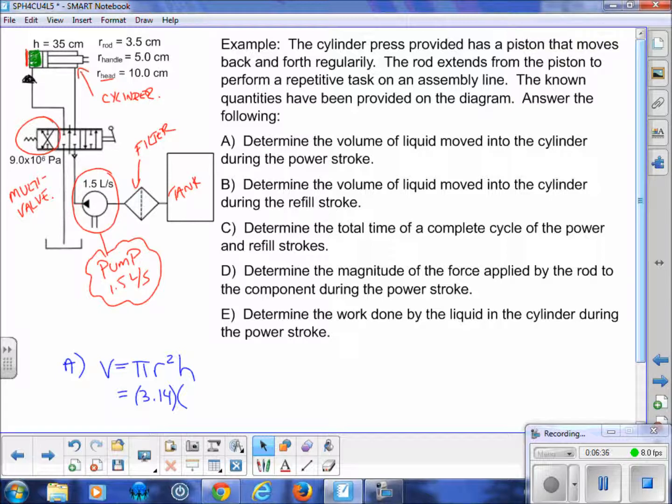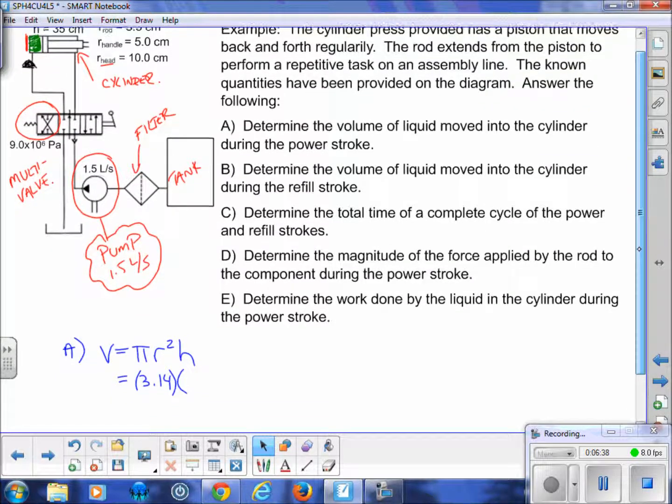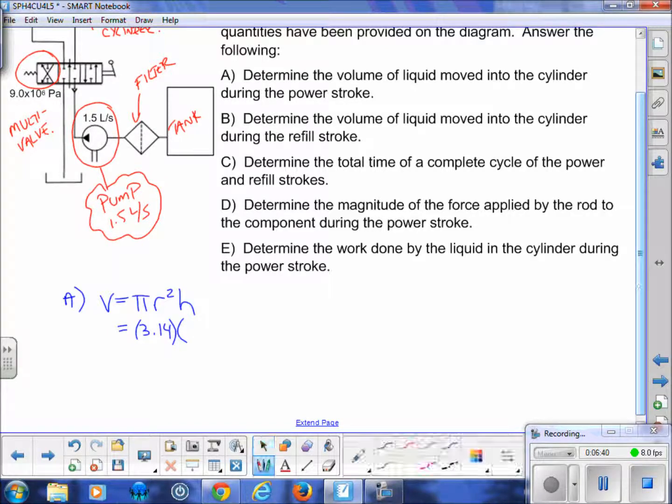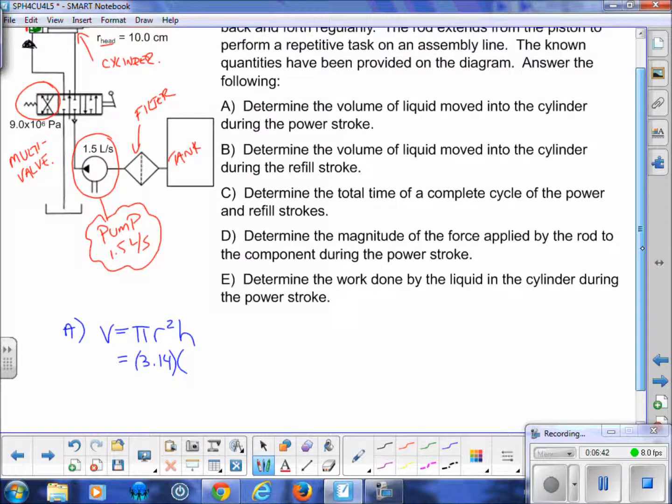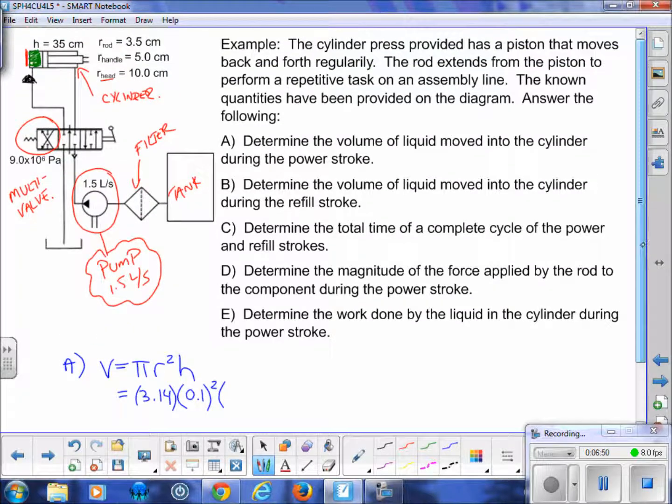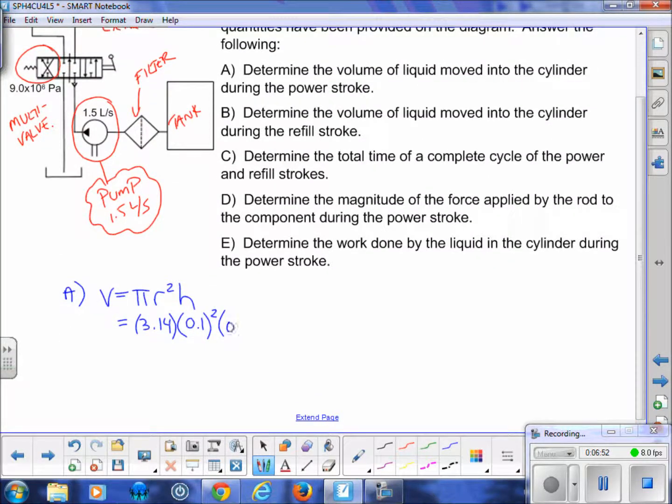So the height's going to be 35 centimeters, and we're going to convert this into meters. All right, so 10 centimeters, divide that by 100. So the radius is 0.1 squared, and the piston is going to drive a total of 35 centimeters, which is 0.35.